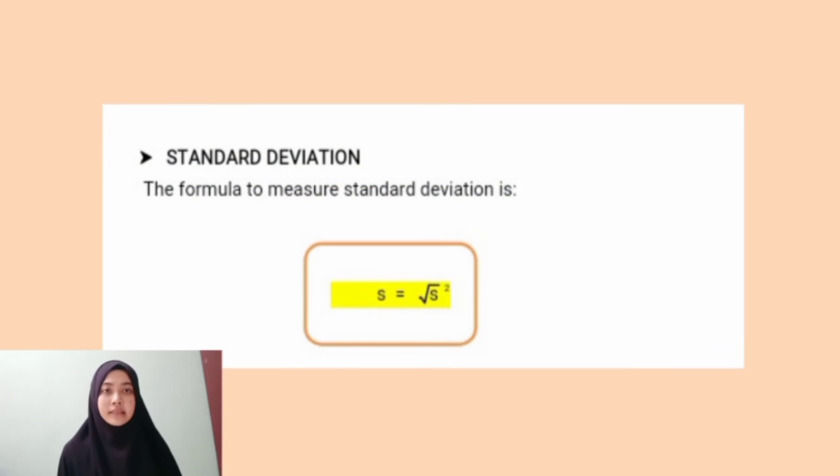The standard deviation is the square root of the variance. For the standard deviation we also use the same categories, grouped data, and this formula to calculate the standard deviation. Thank you.